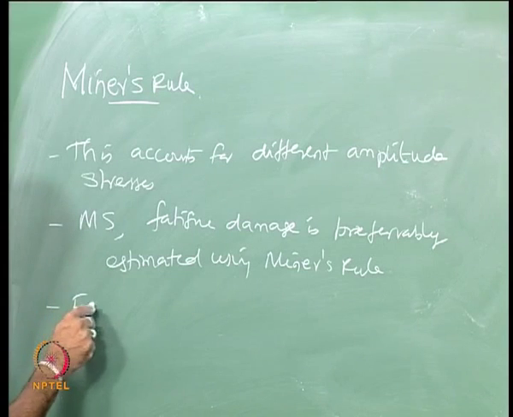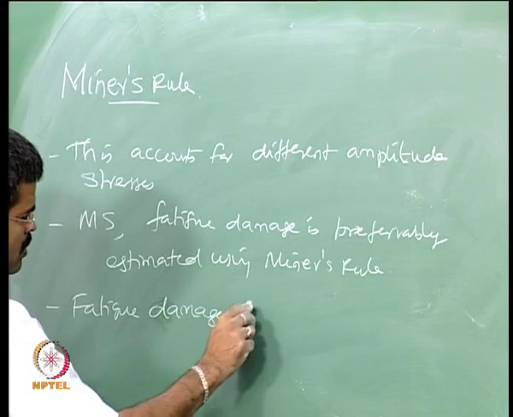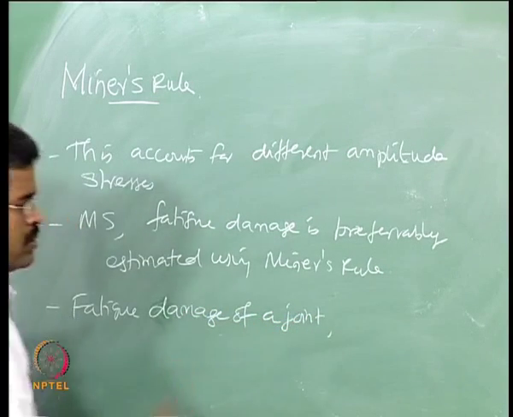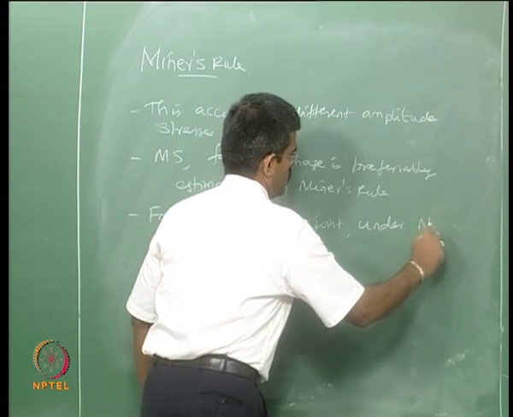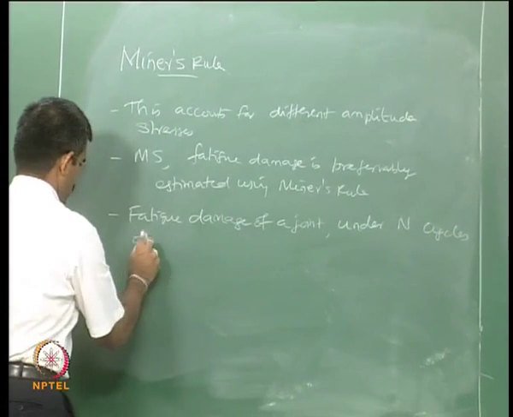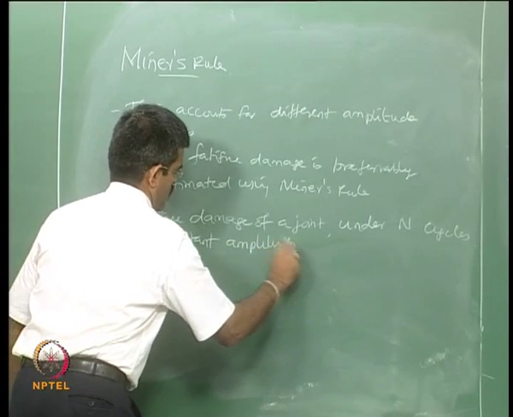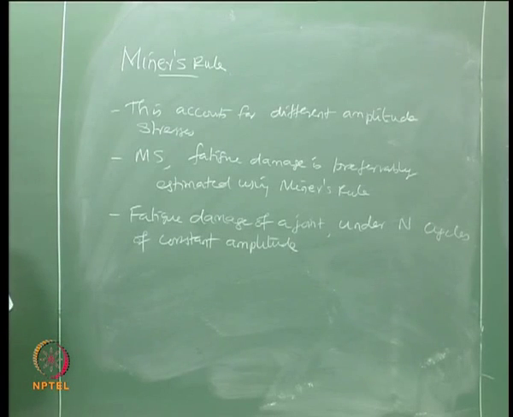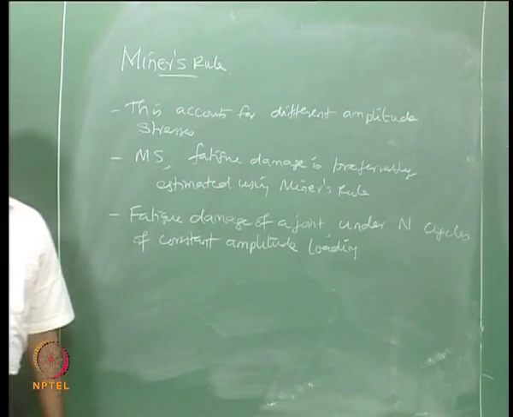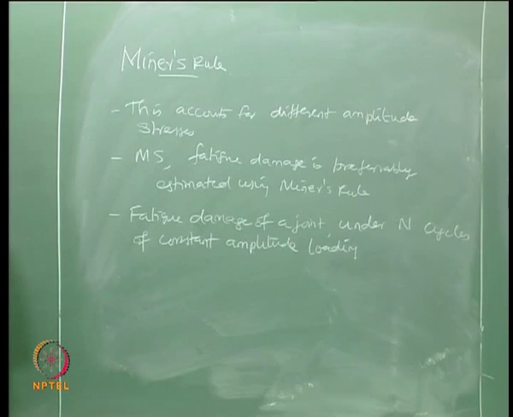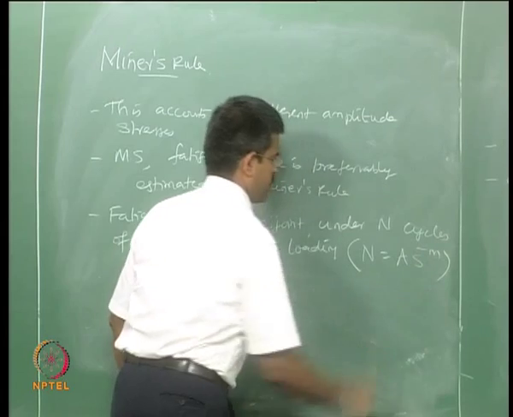If you are looking for fatigue damage of a joint under n cycles of constant amplitude loading, the estimate is N = A S^-m.